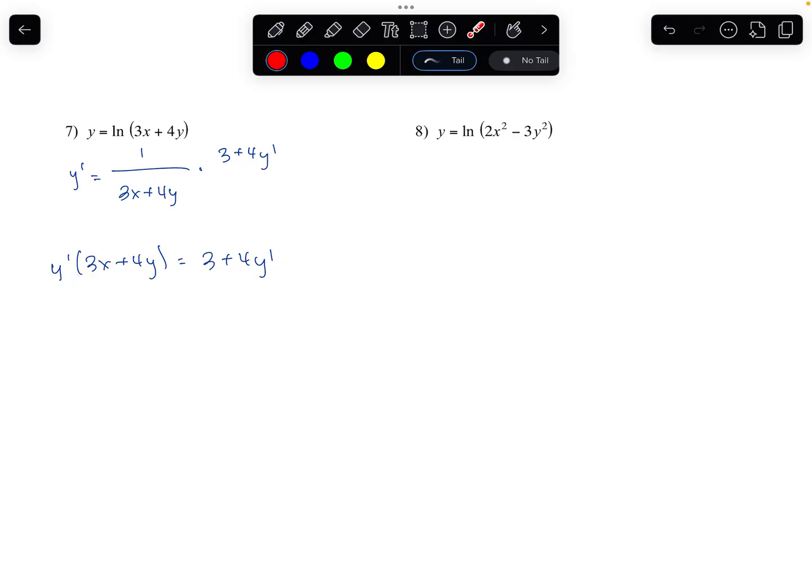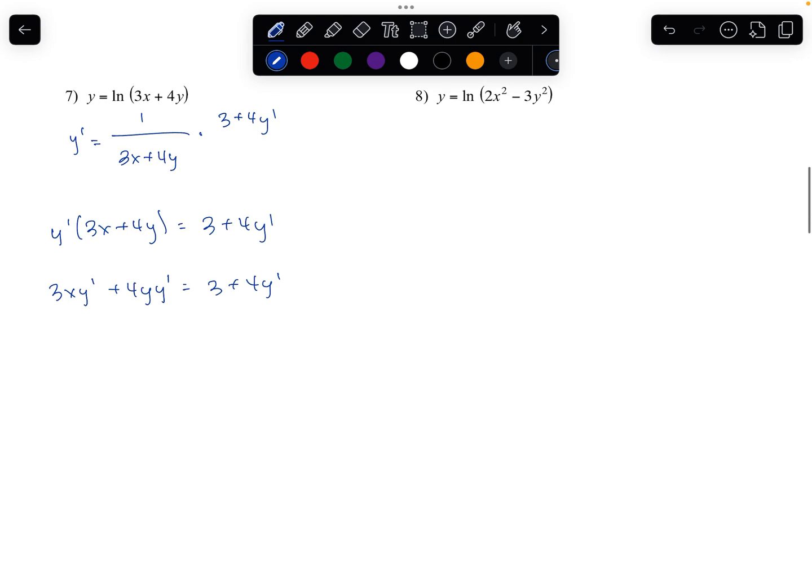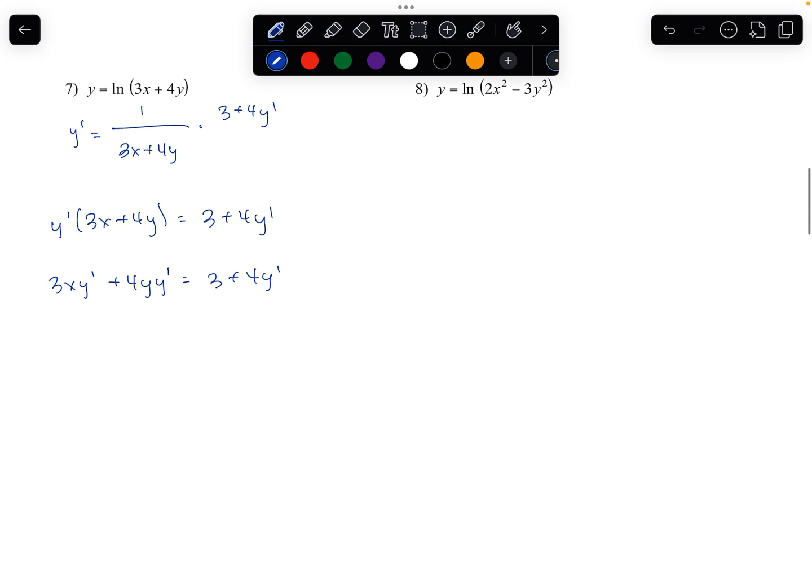Now in order to group up the y primes, this y prime will have to distribute first. So we'll have 3x y prime plus 4y y prime equal to 3 plus 4y prime. And then this is the only term without a y prime.